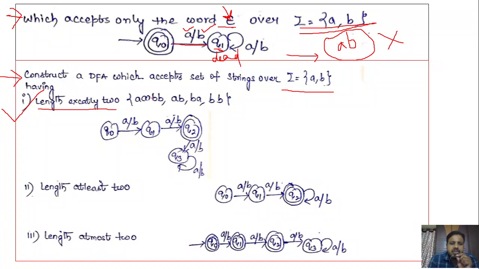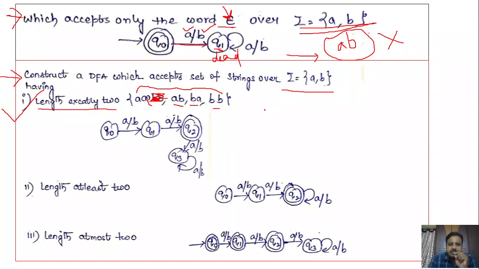First you need to write down the language. What are the possible strings of length exactly 2? We have AA, AB, BA, BB. If you observe all these strings, they are of length 2. So you need to construct a DFA that accepts such strings of length 2: AA, AB, BA, BB, right?